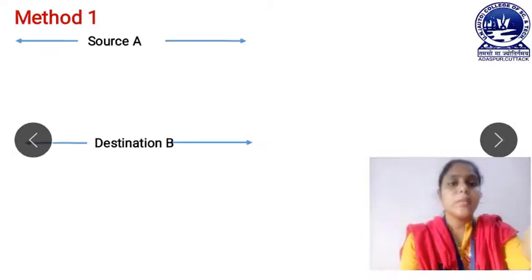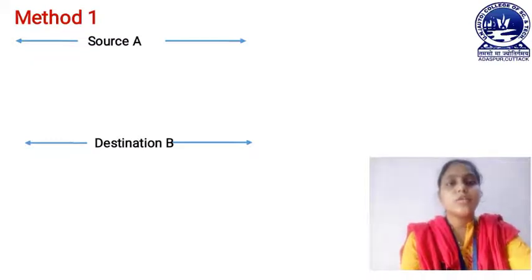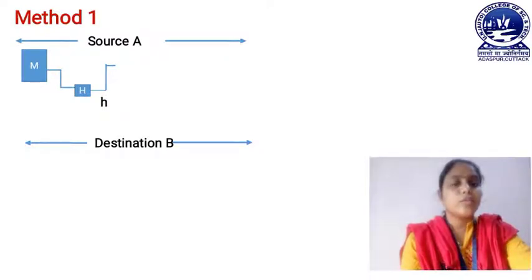Here in method 1, suppose there is some source A and some destination B. Now the source A wants to send some data to destination B, so first of all the source A generates its message. Here M is the message generated by source A. After generating this message, the source A calculates the hash value by using the hash function.